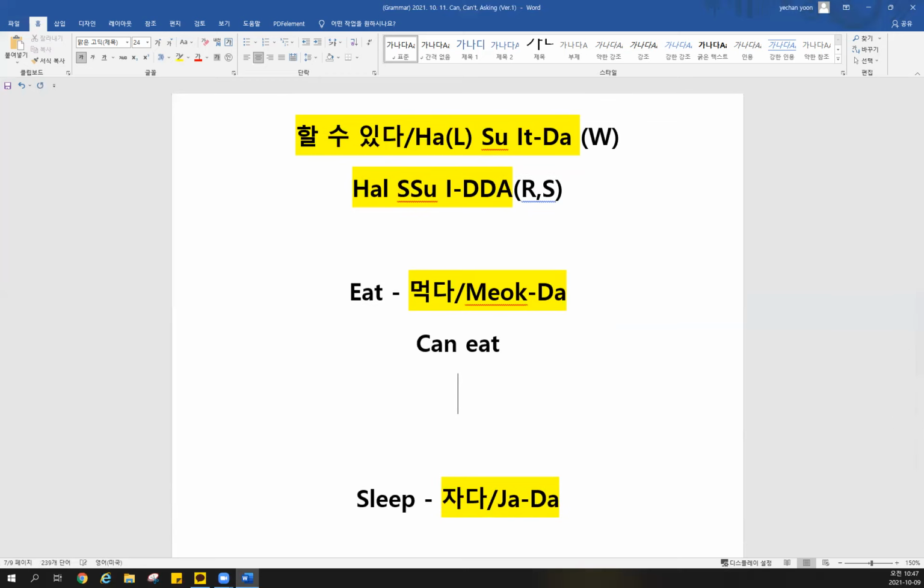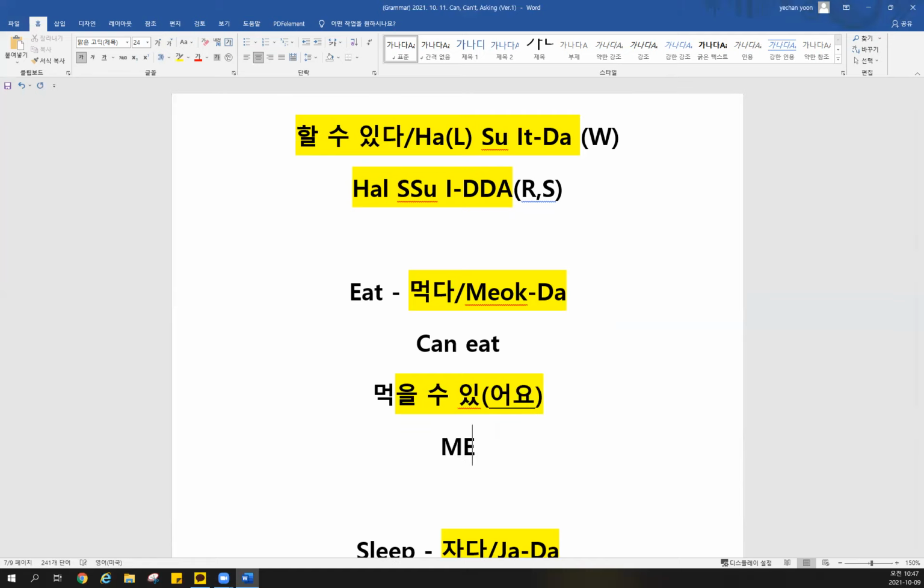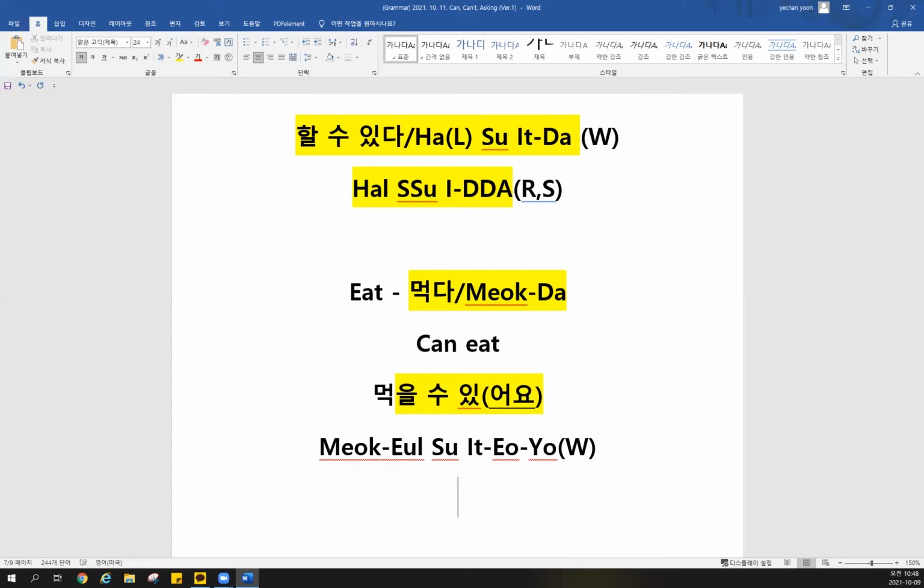So 먹 plus 을, like this. 먹을 수 있어요. But this is writing; the speaking is going to be 먹을, because the down consonant is the 기역, right?